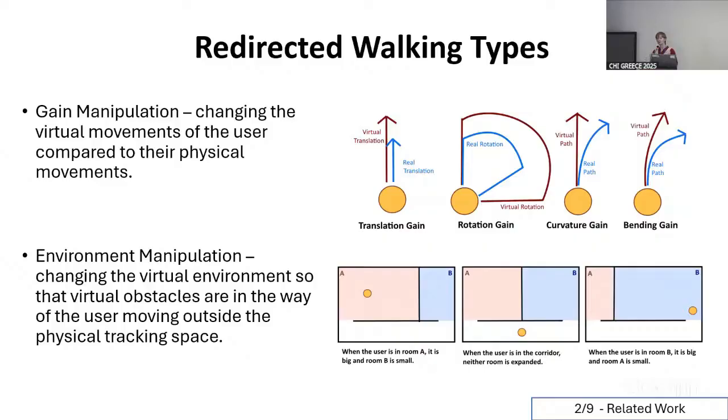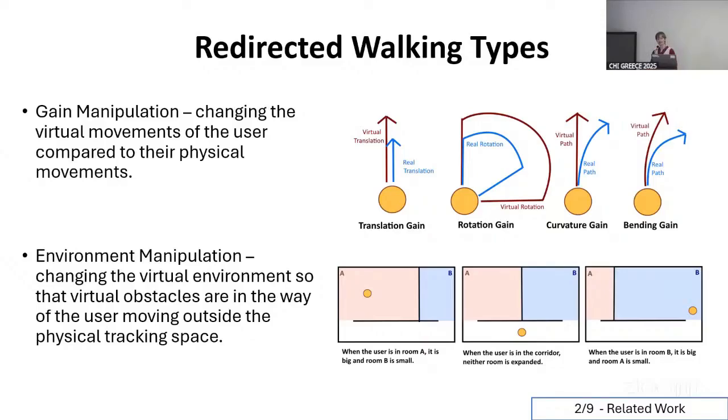And below a certain threshold, people don't notice this change. So we can add a little bit more space, so to speak, in the tracking space just by creating these little gains. However, there's a limitation. After a while, people notice. If you make the change too big, people find it unsettling, and eventually they'll find it immersion breaking. There'll be a break in presence.